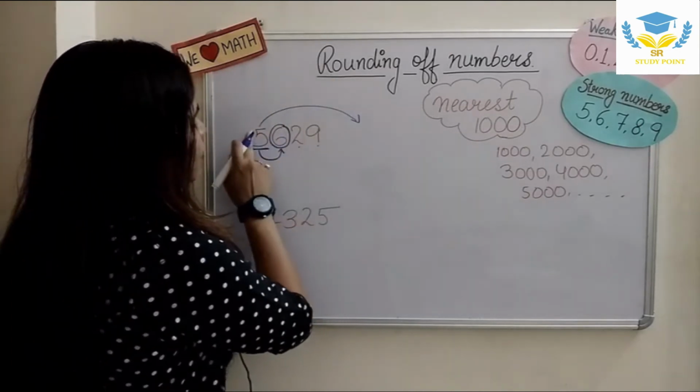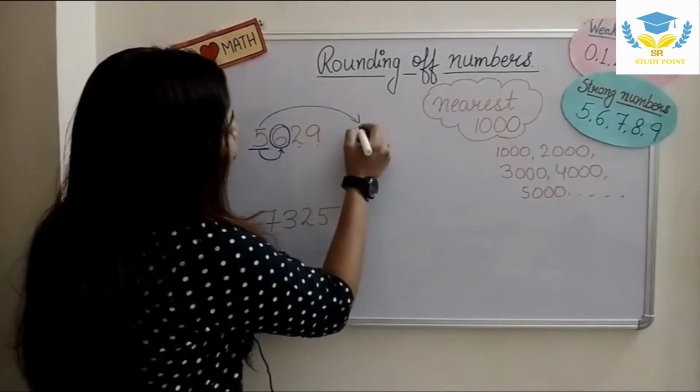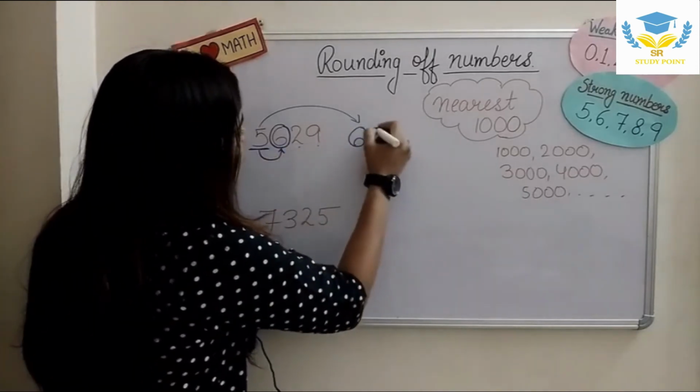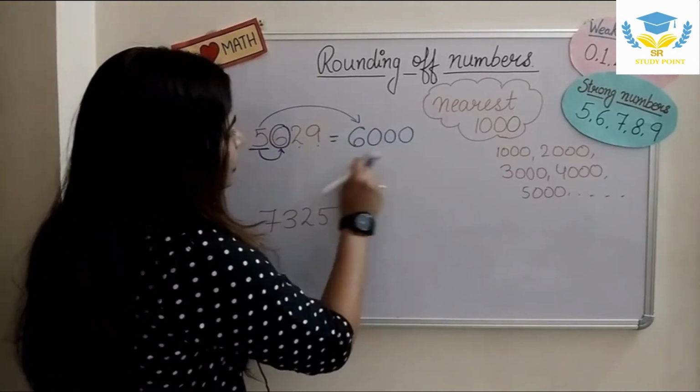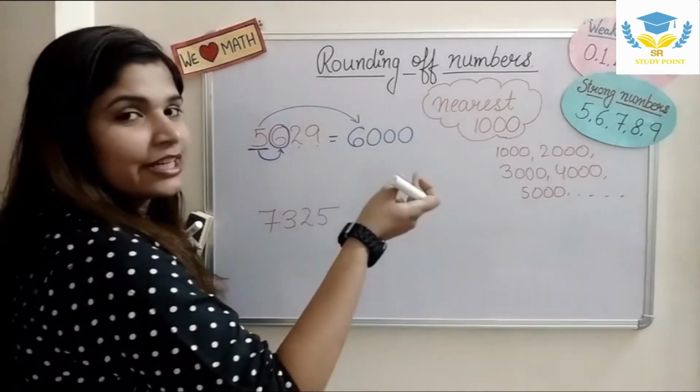What is the next number of 5? Yes, it's 6. So it will become 6, and these three numbers will become 0, 0, 0. So you can see 6000 is a multiple of 1000. So it is absolutely correct.